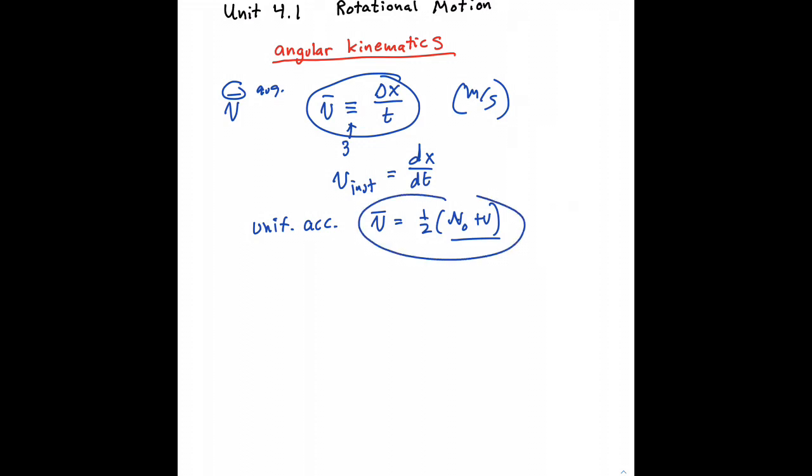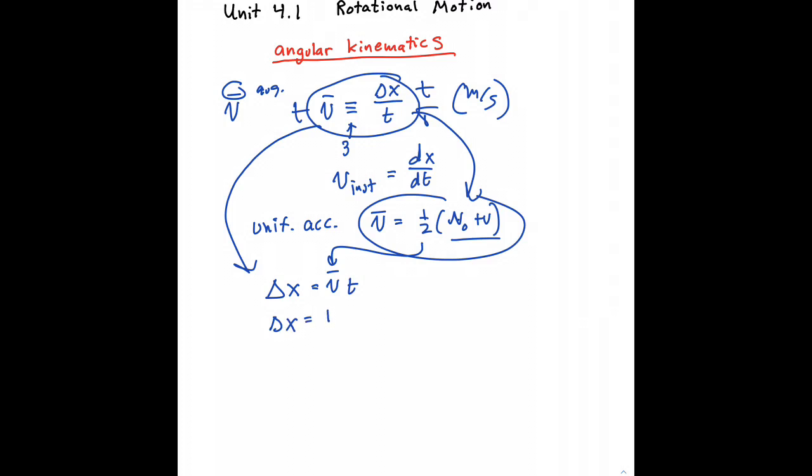So if we put these two together, we can say that delta x, or displacement, is equal to average velocity times time. That just comes from multiplying both sides of this equation by t. But then we can substitute in place of average velocity, and we get delta x equals 1/2 (v naught plus v) times t. And you recognize that as one of the kinematics equations that we've put in practice several times throughout the semester.